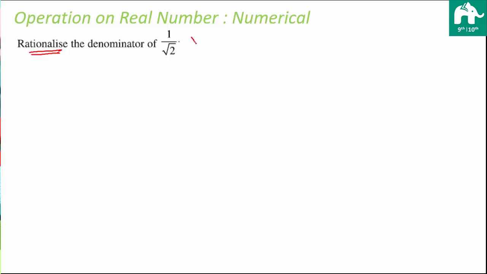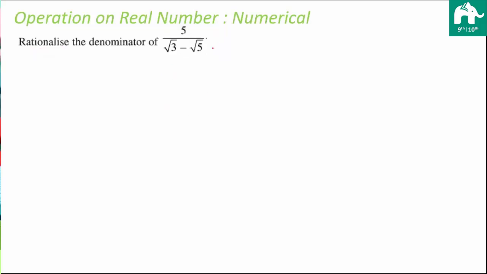Whenever it is a square root, we multiply it with the same root, because root 2 multiplied by root 2 gives 2, and root 5 multiplied by root 5 gives 5. Therefore, in such cases we multiply with the same square root. So we will multiply the numerator and denominator by root 2. So we get root 2 divided by 2. So the denominator is rationalized.